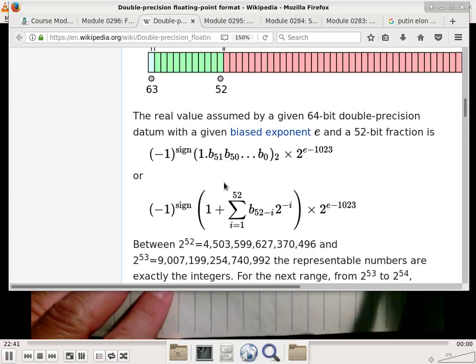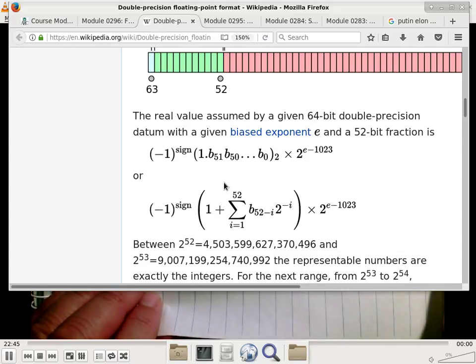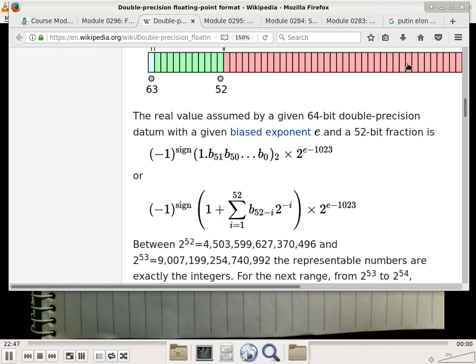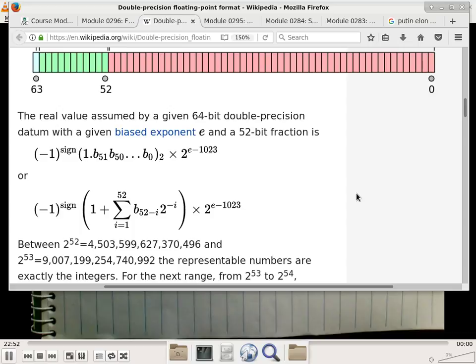When you say it's 64-bit, you mean that it's represented by 64 zeros and or 1s, right? You mean this one? 64-bit means that's the entire thing. Yeah, so those are all zeros or 1s? Each one is a 0 or 1. Yes. So each slot is a 0 or 1. The pink portion is the fractional part of the mantissa.